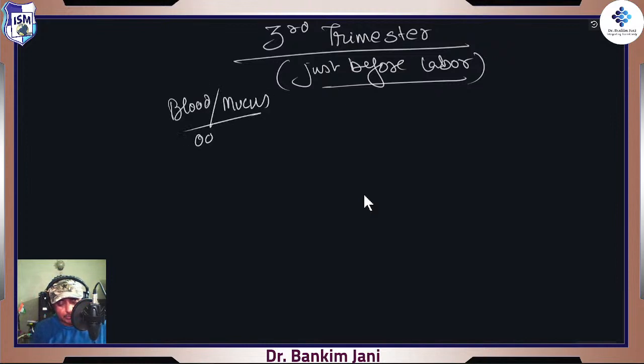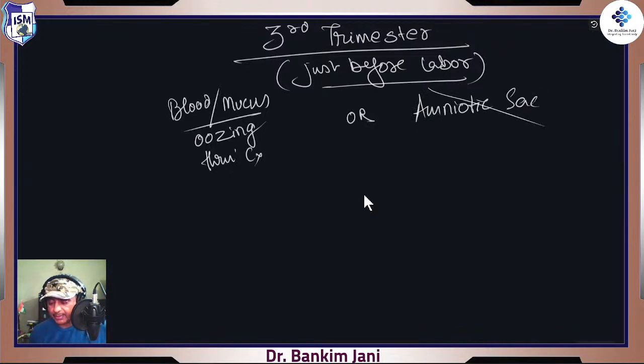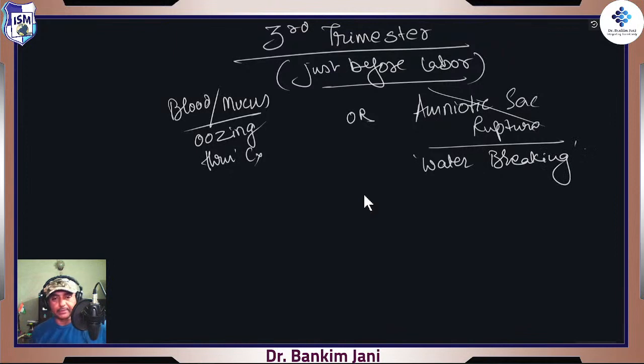It will start oozing through cervix, or, this is a mild case, what is called as the water breaking. So it is that amniotic sac, that sac ruptures. And when that sac ruptures, that's what is called as the water breaking. So it means now the process has started, right?